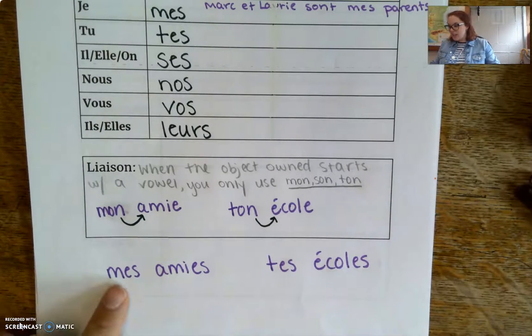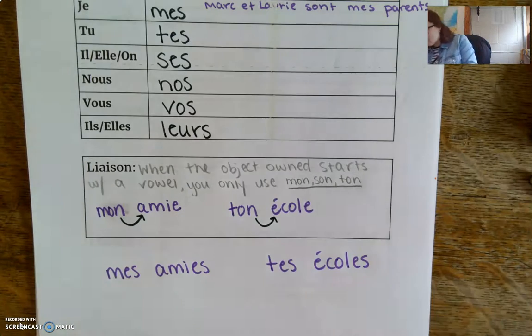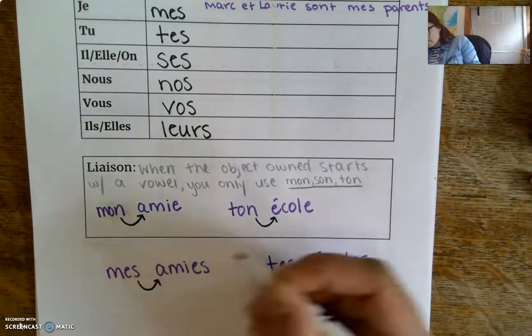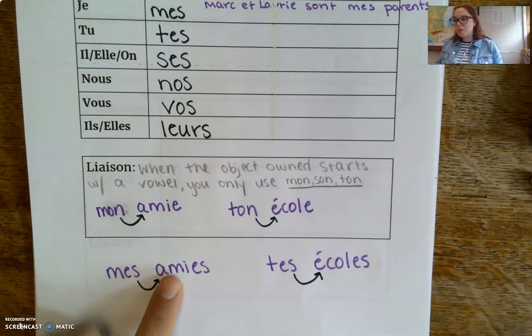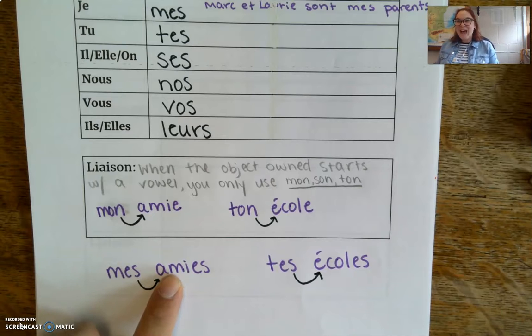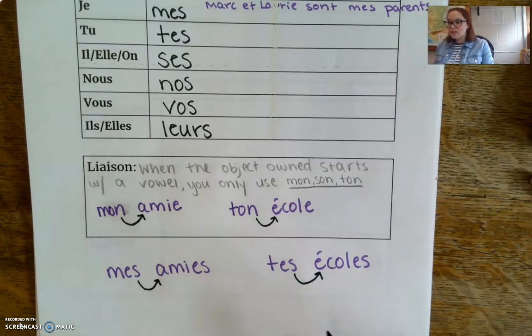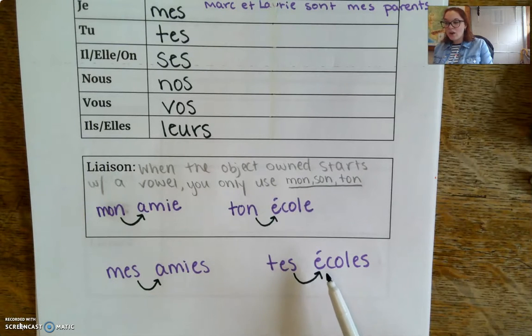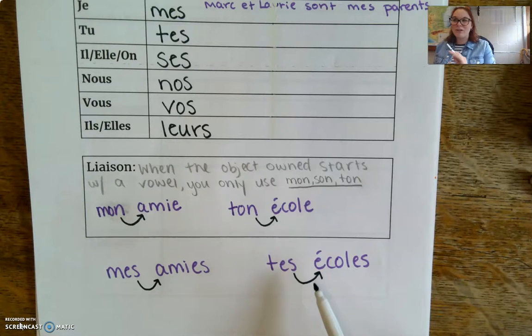You know this is pronounced tes, and that's ami, but we're not going to say tes ami. It's got the hiccuping. So it should sound like, and let's play Dora the Explorer here. How do you think mes amis should be pronounced? Right, it's mes amis. That Z sound is going to travel over. It's mes amis. So instead of tes école, this would sound like, good, it's tes amis. And I know none of you repeated or did the Dora the Explorer thing. I had fun with it.